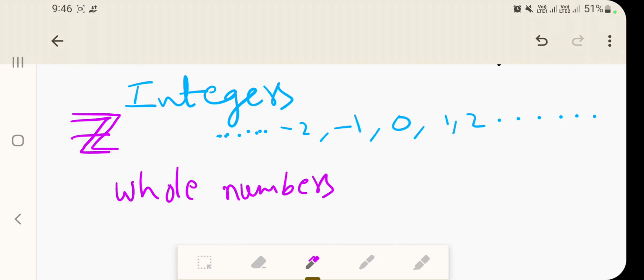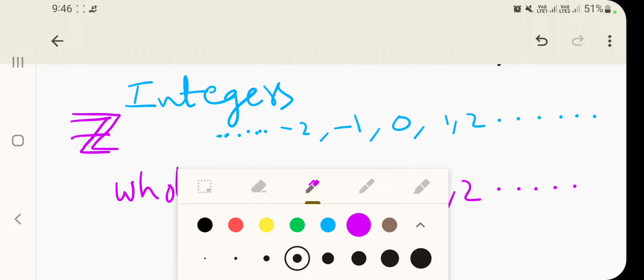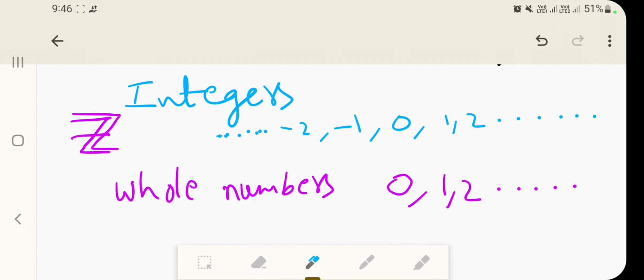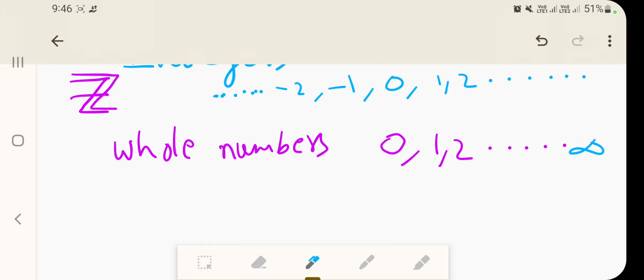Whole numbers include 0, 1, 2 and so on, not negative numbers. Whole numbers are only positive, starting from 0, 1, 2, 3 and so on up to infinity.